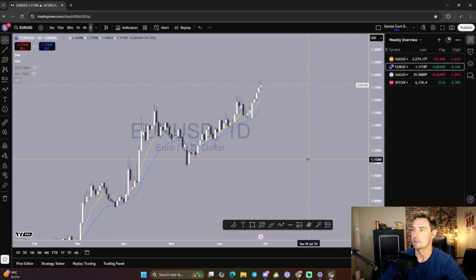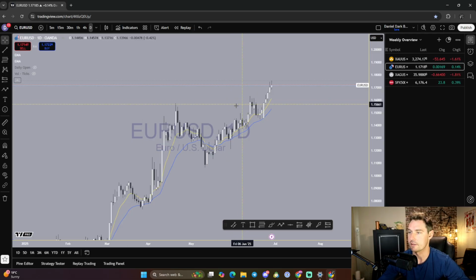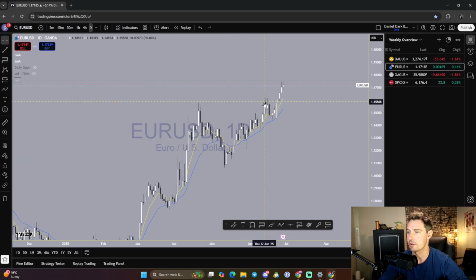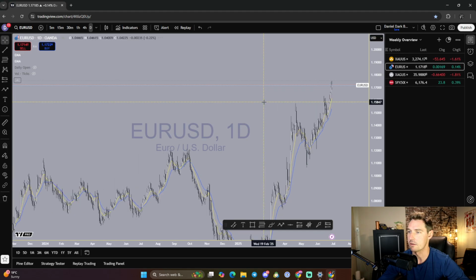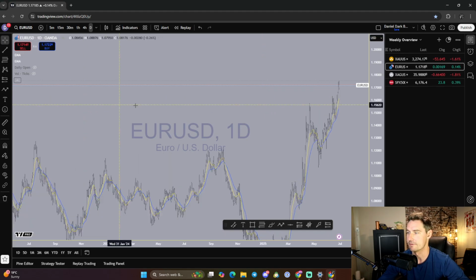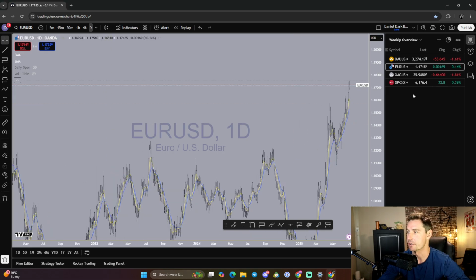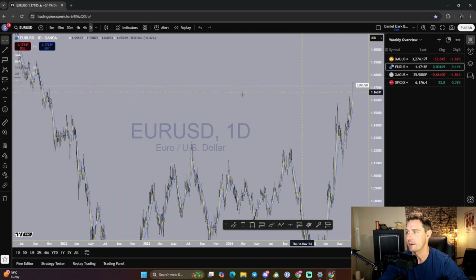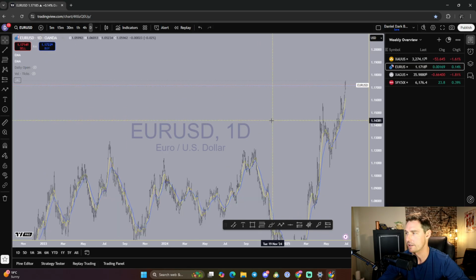So what am I looking at here? Now, something very interesting to consider, guys, when you're looking for a swing trade especially, look at historical price action. This isn't an all-time high, but it might as well be for what has happened over the last year. We haven't been at this price level since 2021.